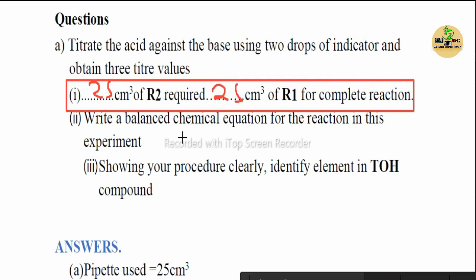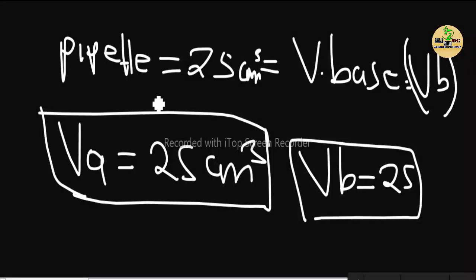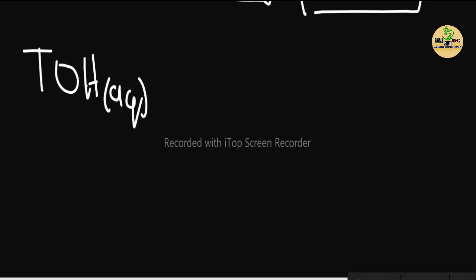Another question: write a balanced chemical equation for the reaction in this experiment. There is T hydroxide, TOH, aqueous solution, reacting with sulfuric acid, also aqueous.